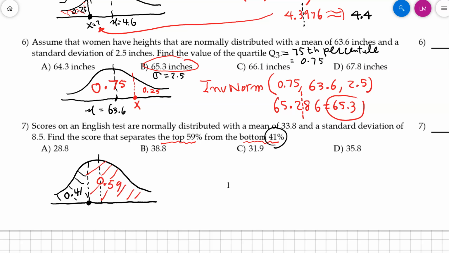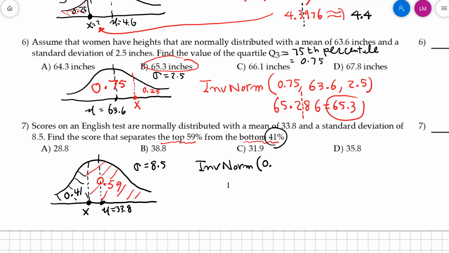So what is the x value? This is mu. Mu is always given. 33.8. And sigma is 8.5. So inverse norm again.